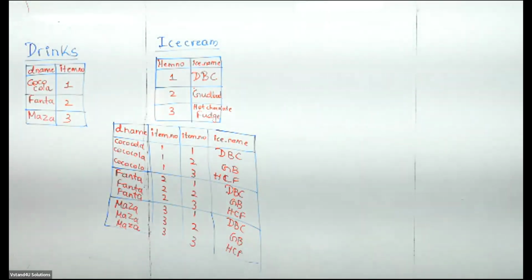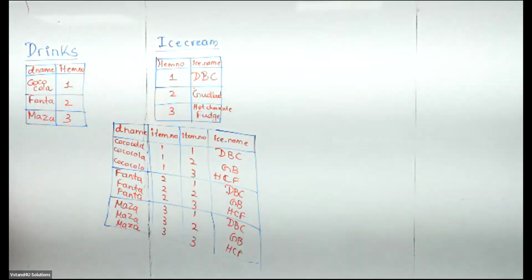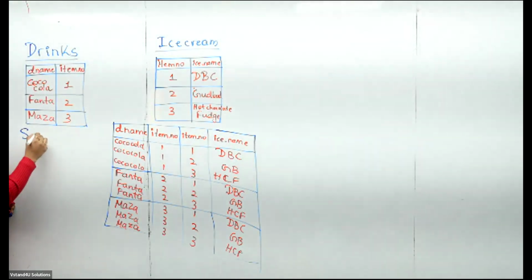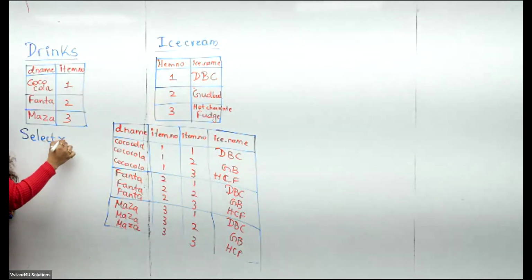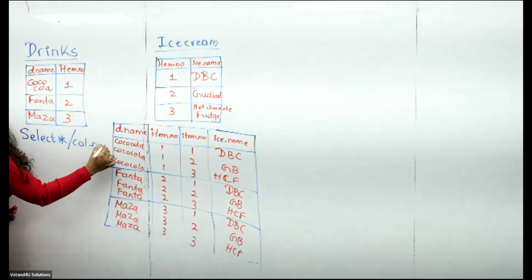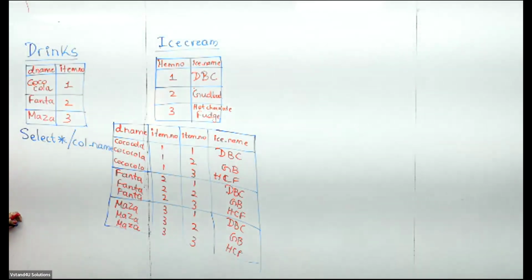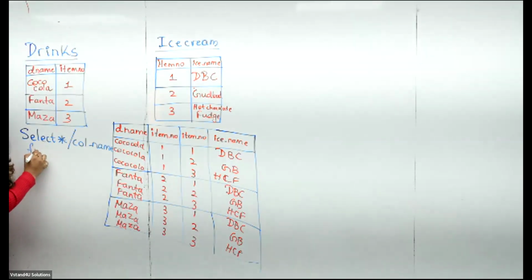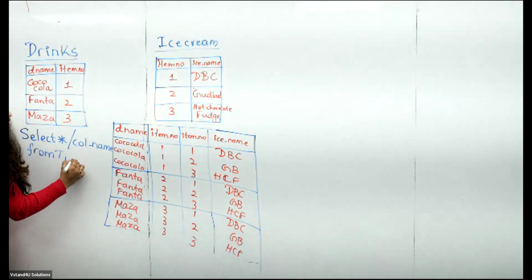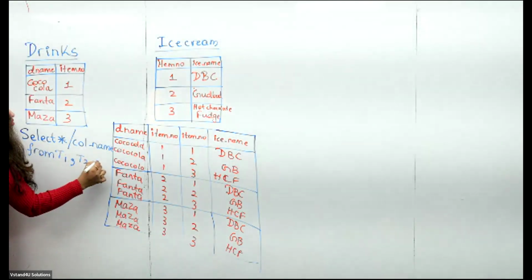Okay. So now take down the syntax for the first Cartesian join or cross join. The syntax is select star or column name from T1 comma T2.